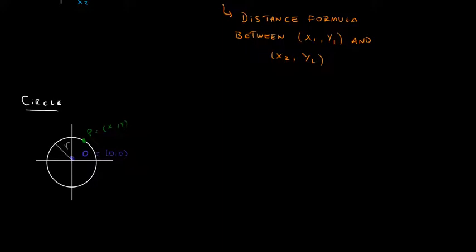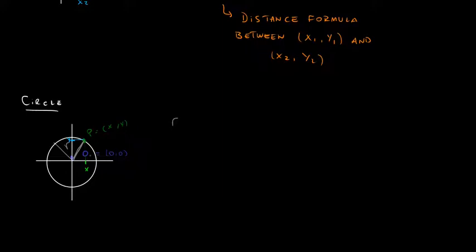We want to calculate the distance from P to O. Well, as P is a point in the circle, this distance is r. As before, because P has coordinates x, y, that means that this point is x and this point is y.